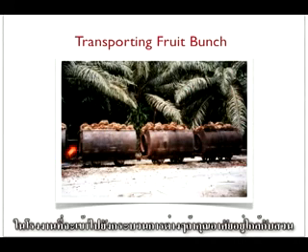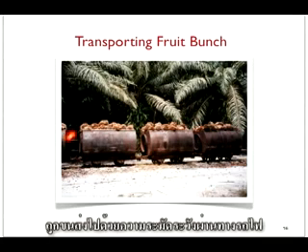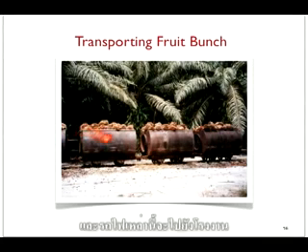If you live near the plantation, you can sometimes see, as in this case, the fruits being transported by train, and this train will go to the factory.